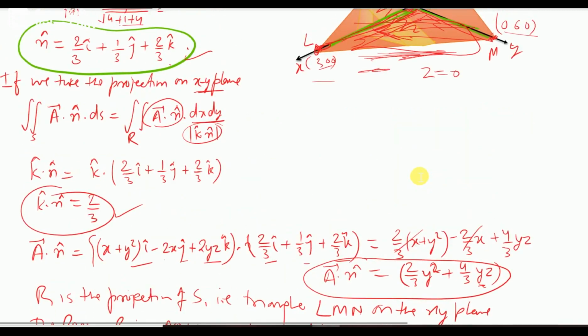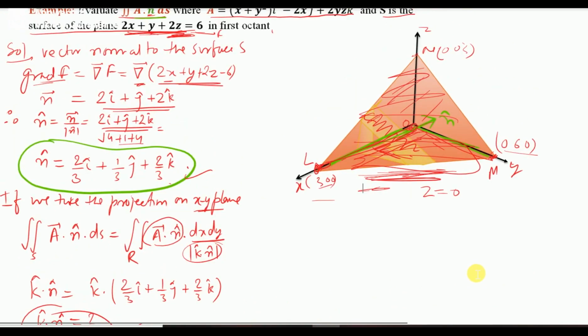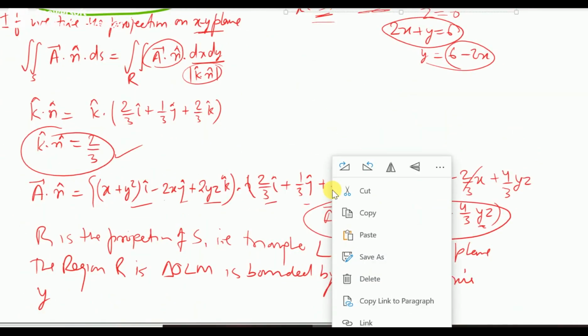The equation of the line, if you put z equal to 0, is 2x plus y is equal to 6, or you can say y is equal to 6 minus 2x. Now here you see x varies 0 to 3, and if we take the strip parallel to the axis, y varies 0 to the line, 6 minus 2x.